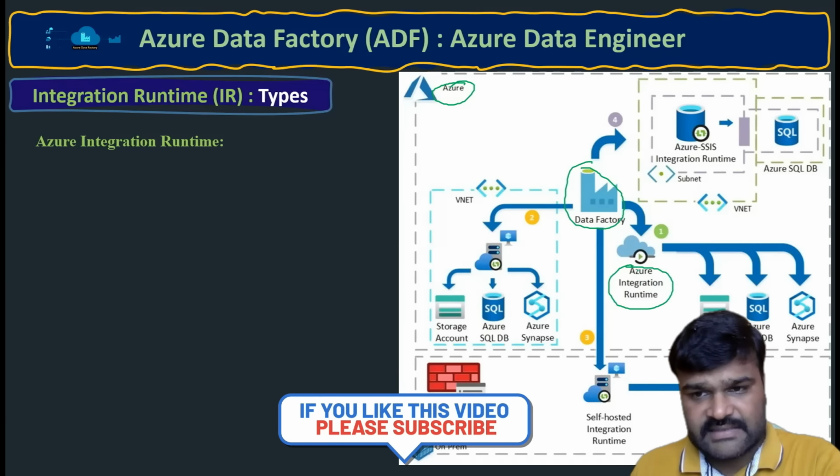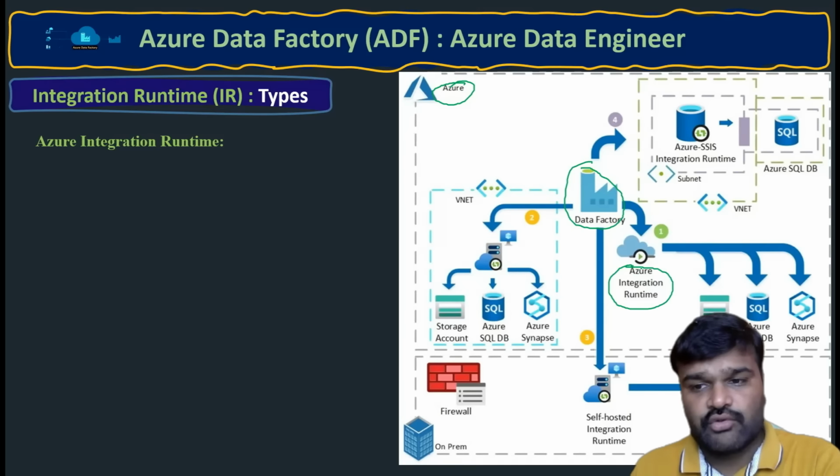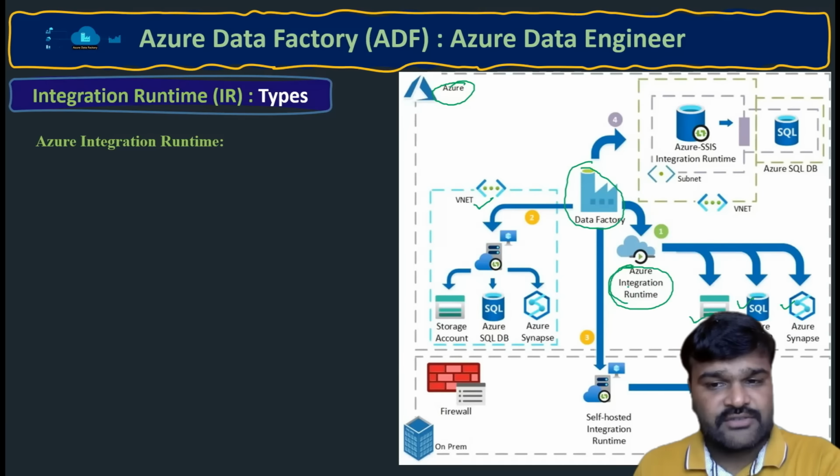Using this, you can move the data across blob storage or ADLS or SQL database or Synapse, and from there to private virtual networks. This is what Azure integration runtime is able to do, as seen from the diagram.